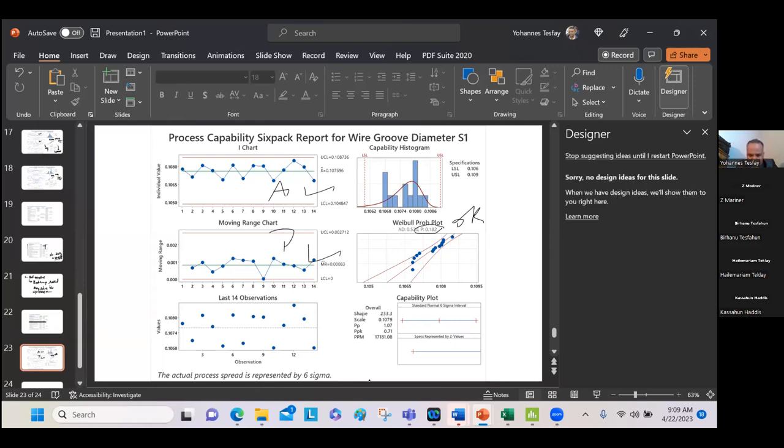And now when I come to PPK, which represents for CPK, so that is 0.71. That's almost similar to PPK and CPK. Usually for non-normal information, usually PPK.